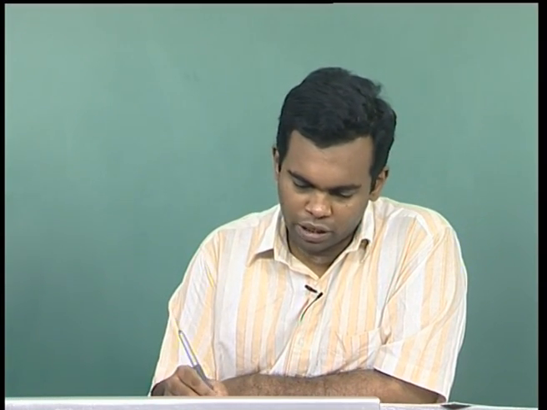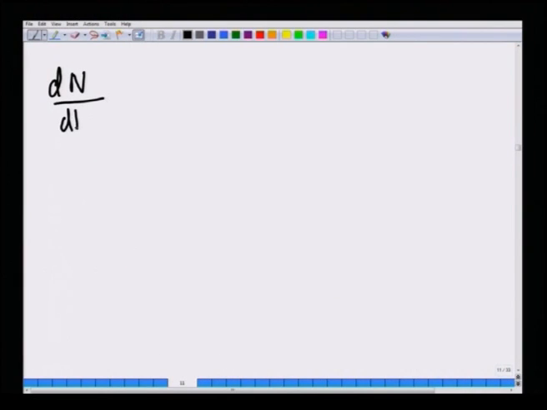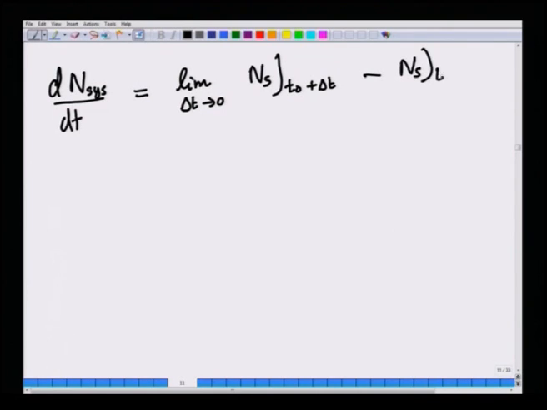So, by fundamental definition, the rate of change of the total quantity of either mass, momentum or energy present in the system is limit delta t going to 0 of the total amount present in the system at t0 plus delta t, minus the total amount present in the system at t0, divided by delta t. So, that is the fundamental definition.